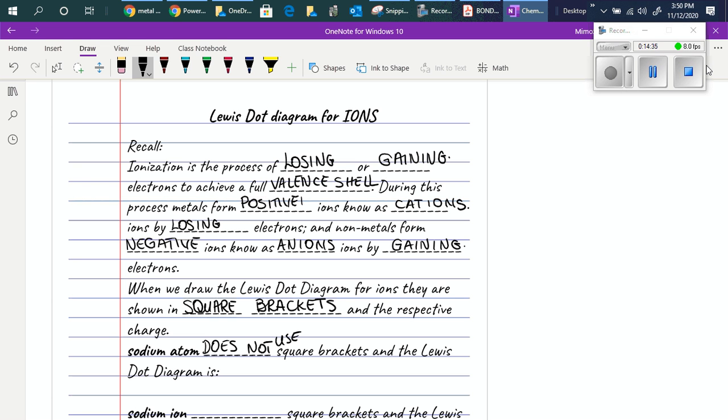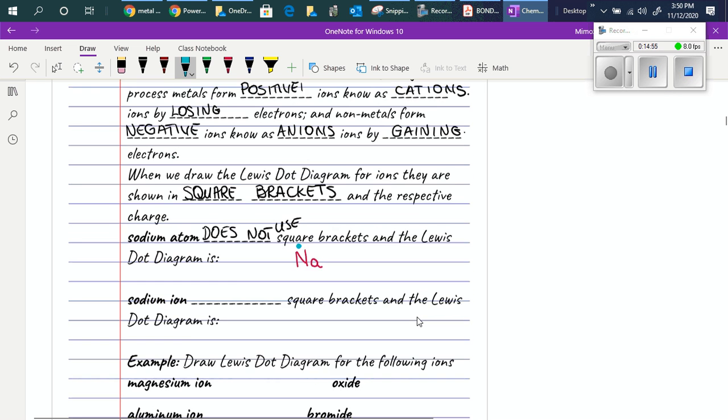The Lewis dot diagram for sodium, since it is in the first group, will have only one electron in the outer shell.